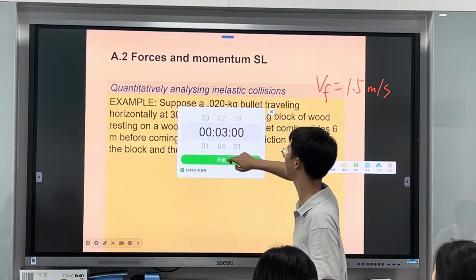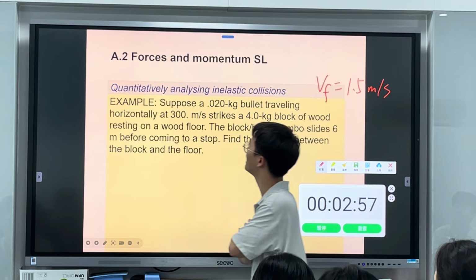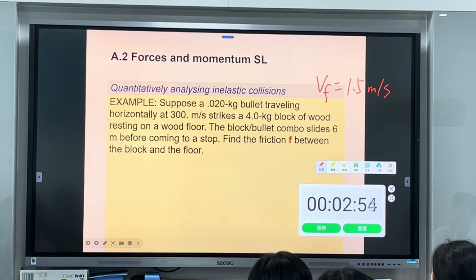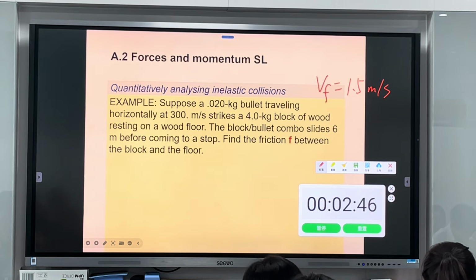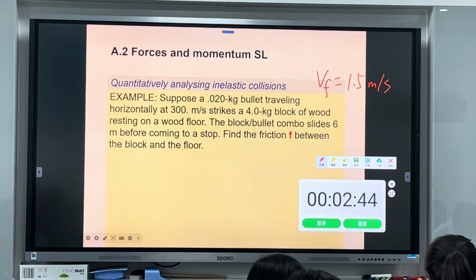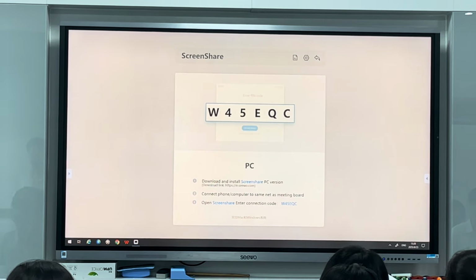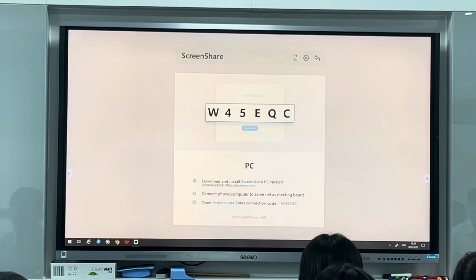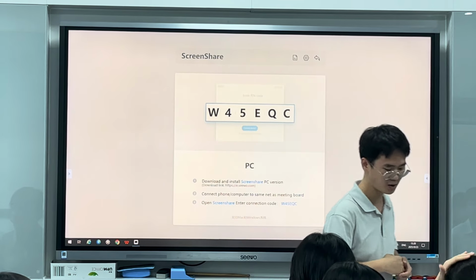You can discuss with each other. How do you find this friction F between the block and the floor? You can tell me, okay? So A1, A2, let me know what you want me to explain.